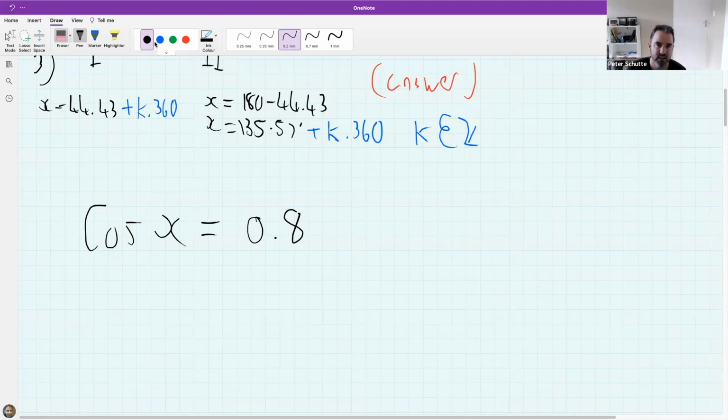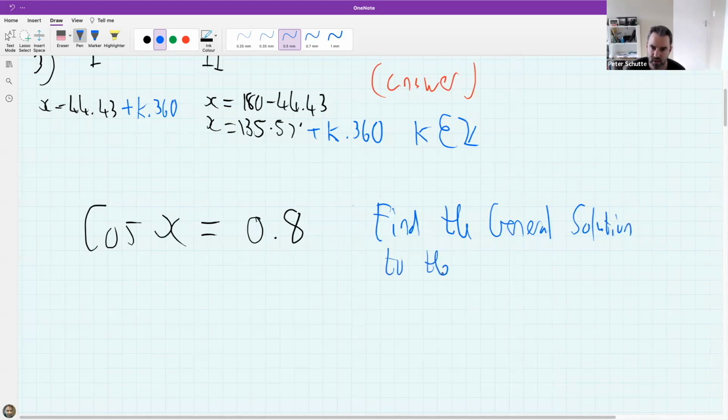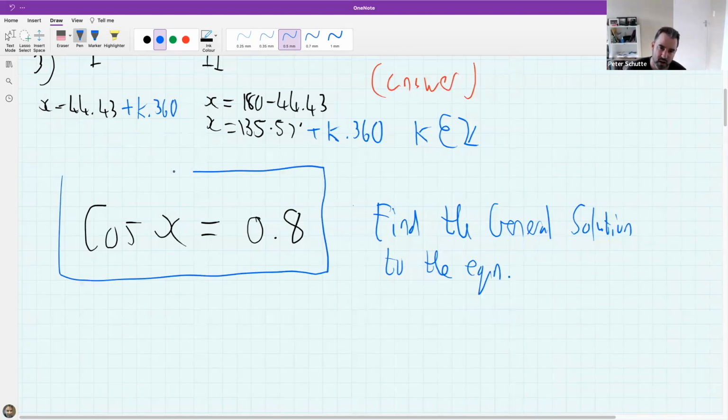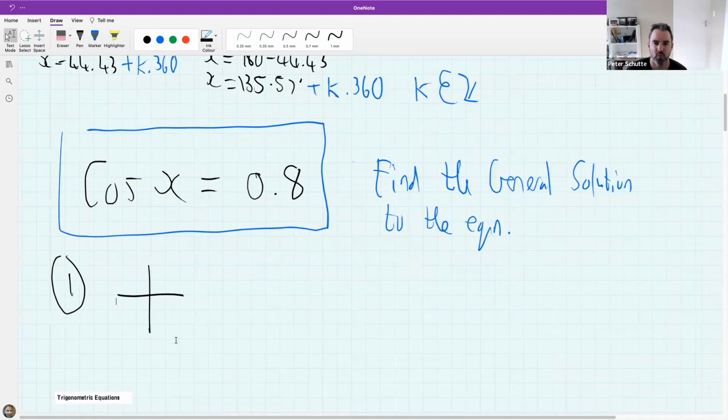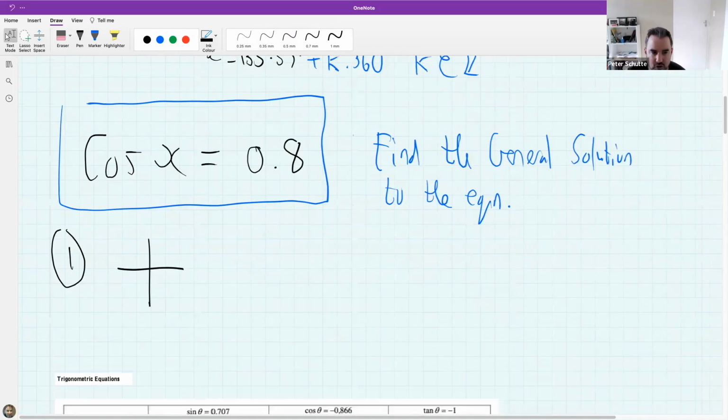So find the general solution to the equation. And I want you to start with step 1, which is which quadrants are going to be relevant. Okay, off you go. See if you can do it using the logic that I've shown you.